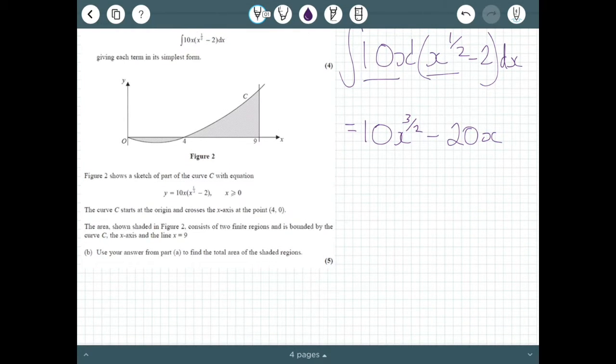So with that in mind, I'm going to integrate all of this with respect to x. Remember, when you're integrating, you increase the power by 1 and divide by the new power. So that becomes 10x to the 5 over 2 divided by 5 over 2, minus 20x squared over 2.